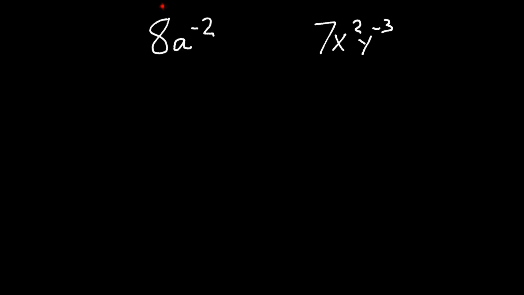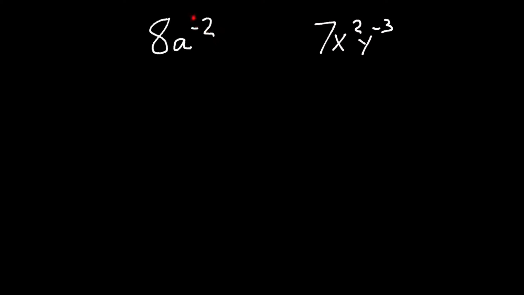Alright, here I have 8a to the negative 2. And I want to write this with a positive exponent. I don't want it to be to the negative anymore. So you got to ask yourself, what would I do here? How can I make this positive? Well, we might be thinking, oh, we'll do exactly like we did before.